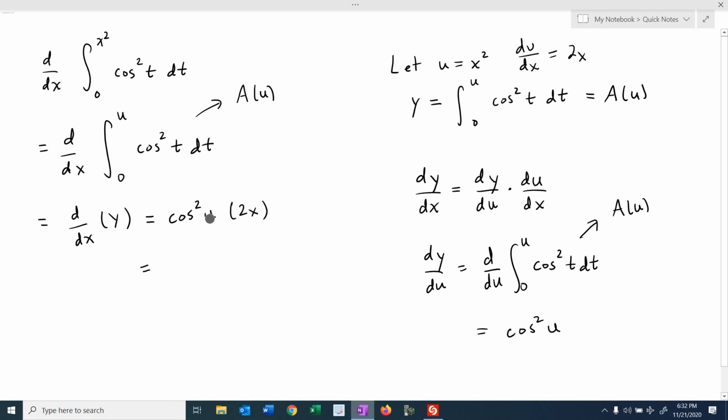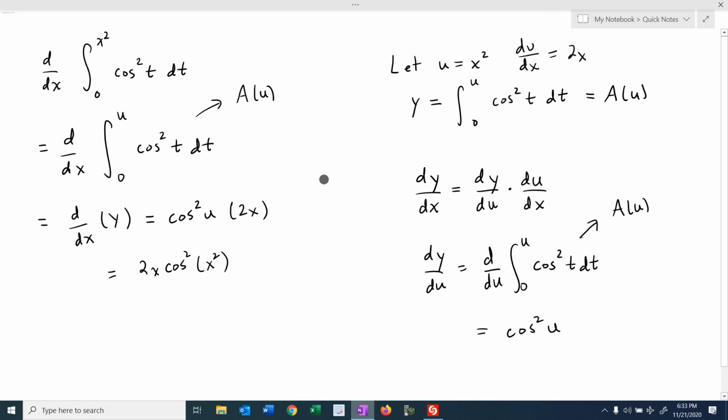And then let's go ahead and replace this u. We know u is equal to x squared, so this is going to be cosine squared of x squared times 2x, and I'm just going to put the 2x in front. Okay, so that's how you would find the derivative of this definite integral.